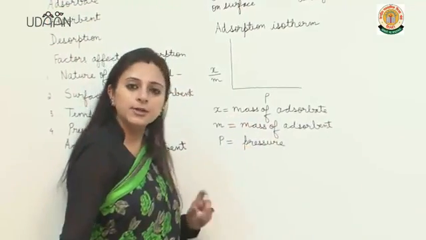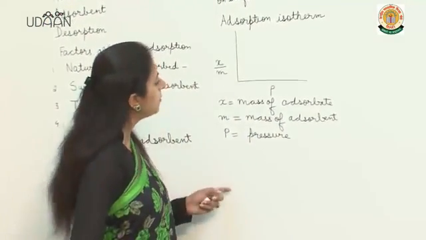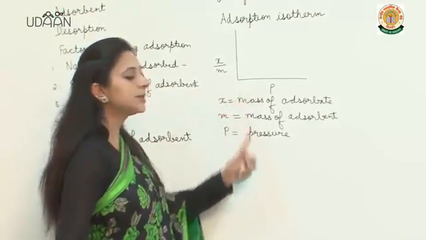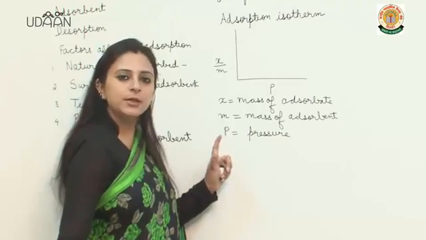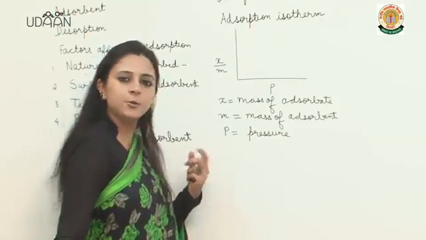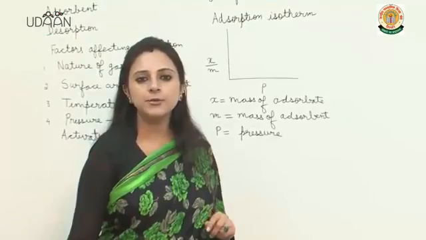So, at constant temperature, when you plot a graph of x by m versus P, that is known as adsorption isotherm. Now, there are two types of isotherms which we have to study.